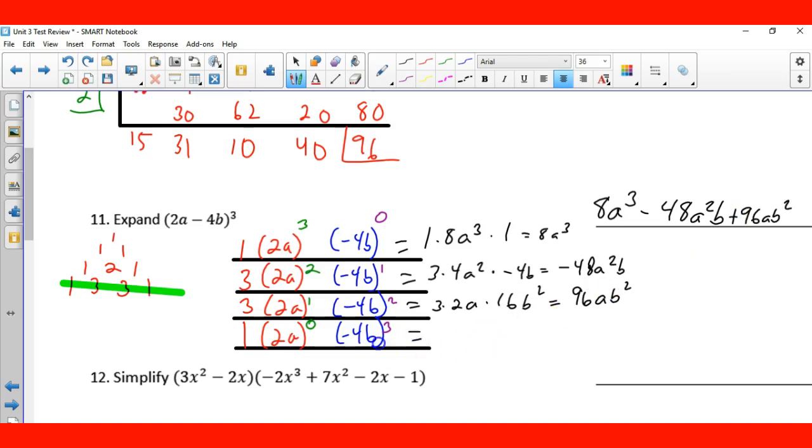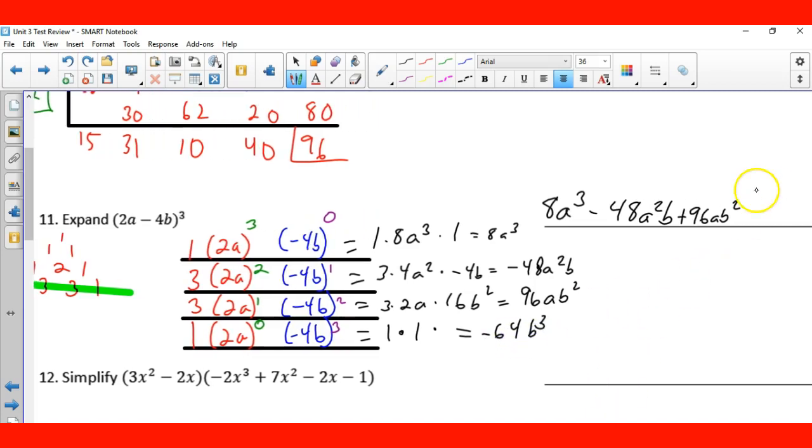And then lastly right here, I have 1, 2a to the 0. Remember, anything to the 0 is 1. And then right here, you have negative 4b cubed. Negative 4 cubed is going to be negative 64, and b cubed is b cubed. 4 times 4 is 16, times 4 is 64, negative 64. So minus 64 b cubed. There we go.